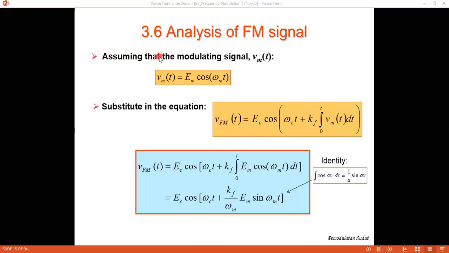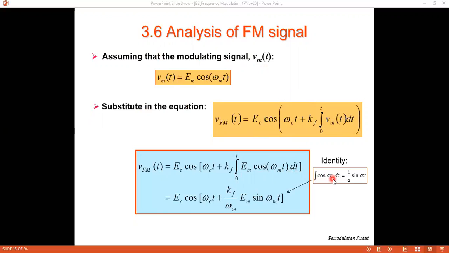Okay, first we assume that our modulating signal vm(t) is equal to Em cos omega_m t. Then we substitute our vm(t) inside the general equation of our FM signal. So the integral of vm(t) becomes Em cos omega_m t dt.